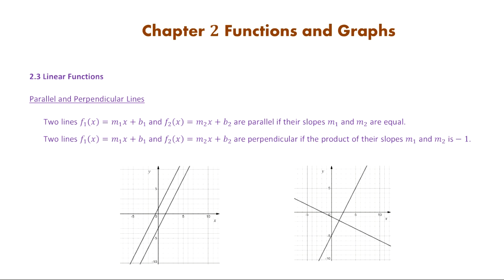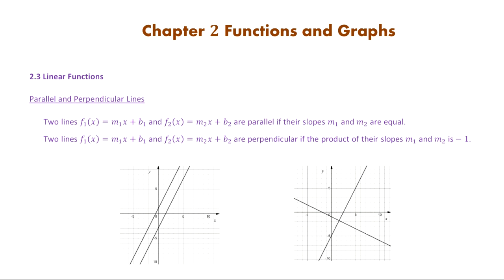So the last thing we're going to talk about is parallel and perpendicular lines. When two lines are parallel, then they will have the same slope, m1 and m2. If you find the slopes of the two lines are the same, then the two lines are parallel. On the other hand, if the two lines are perpendicular, then the slopes of the two lines multiply to get -1.